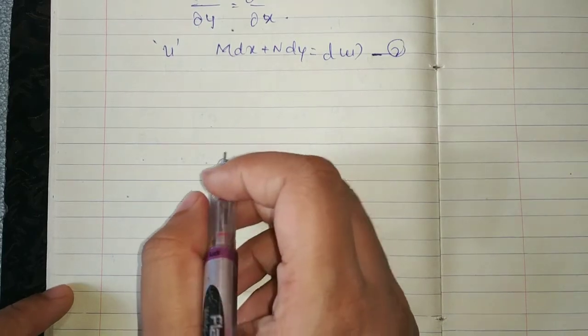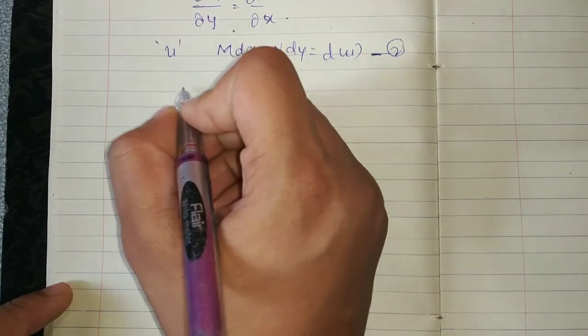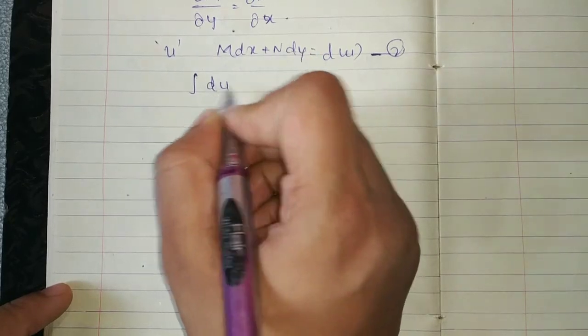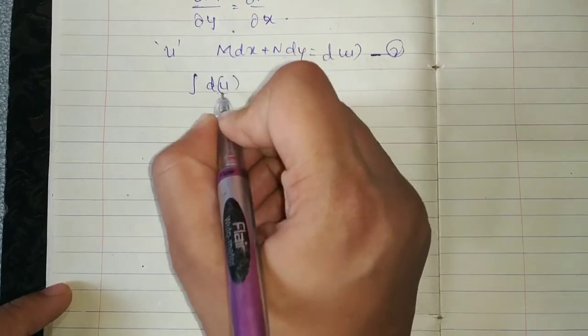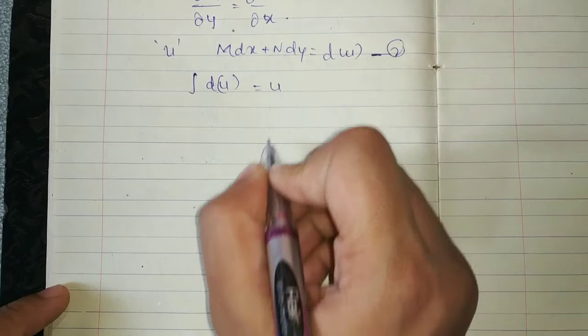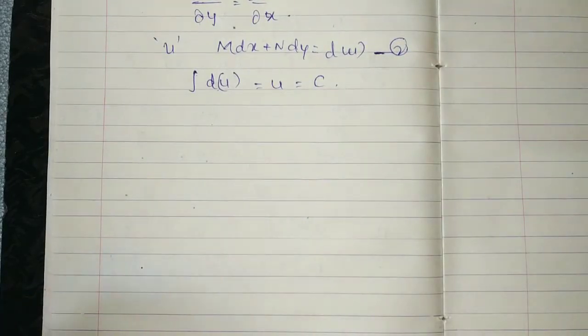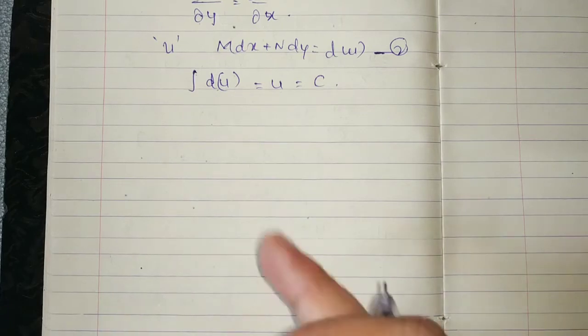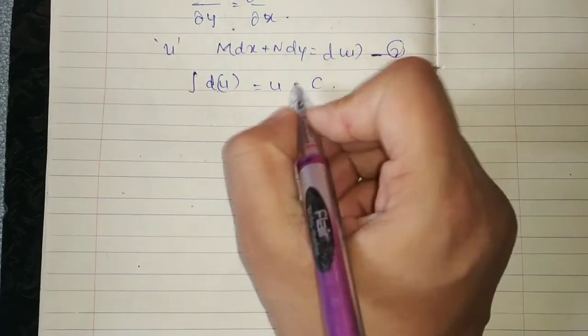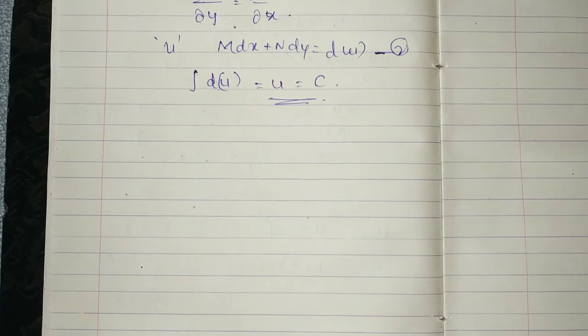Integrating du, we get the integral of du, the integral of the derivative of a function, which is u itself, equal to some arbitrary constant c. While integrating, you will get one arbitrary constant, so I am taking that as c, which is the general solution of the exact differential equation.